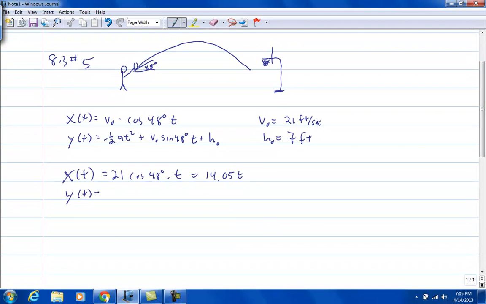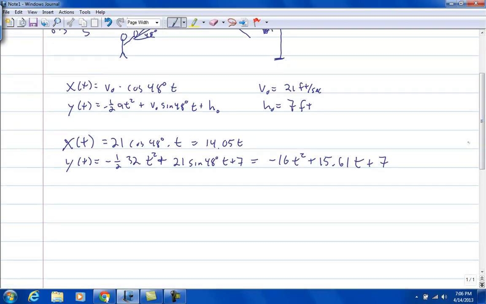Y of t is going to be negative 1/2. In terms of feet, acceleration is 32 feet per second squared, so 32 times t squared plus 21 times sine of 48 degrees t plus 7, so that's going to be negative 16t squared plus 21 times sine of 48, that's going to be 15.61t plus 7.